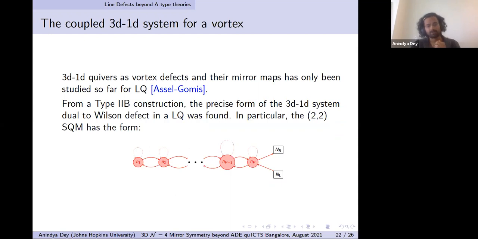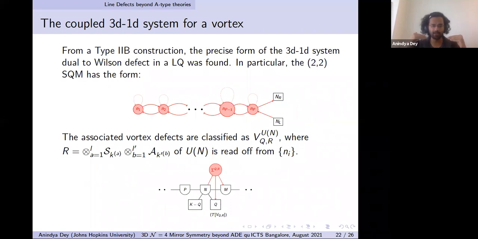Now, from a type 2B construction, they found the precise form of the 3D-1D system, the vortex defect, that is dual to the Wilson defect in the linear quiver. So this is the form of the 2,2 SQM. I'm not going to go into the details, but there's a clear way of reading off the vortex defect from this superquantum mechanics. Okay.